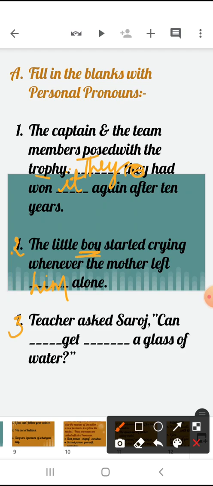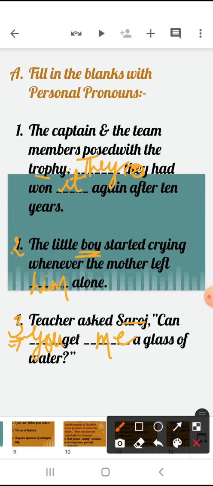Now next. Teacher asked Saroj, can dash get dash a glass of water? Can you get me a glass of water? Teacher asked Saroj. So for Saroj we have used you.